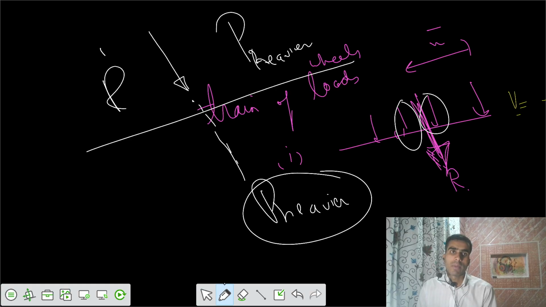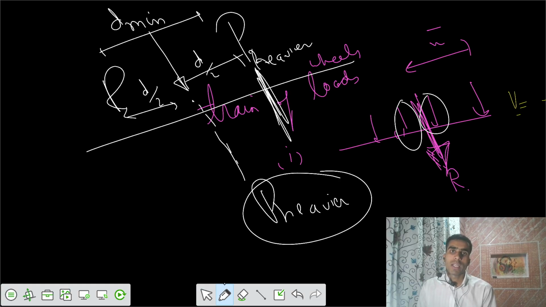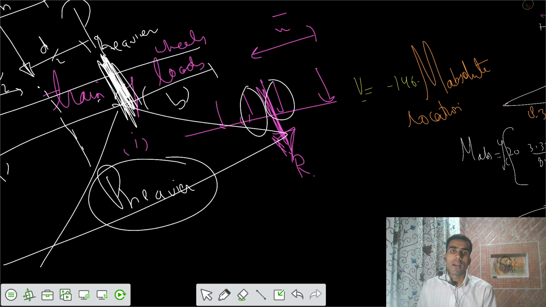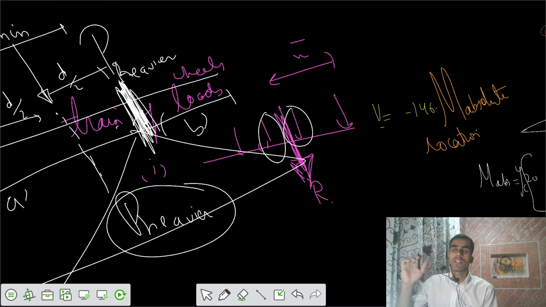Such that if the distance between them is d minimum, the distance from the center is d by 2 on each side, and accordingly our section becomes critical at the location of P2, this heavier load. Then this is the value of A dash and this is B dash, and I have the ordinates A dash B dash by L, and accordingly I can adjust other loads in order to get the absolute bending moment in the beam.